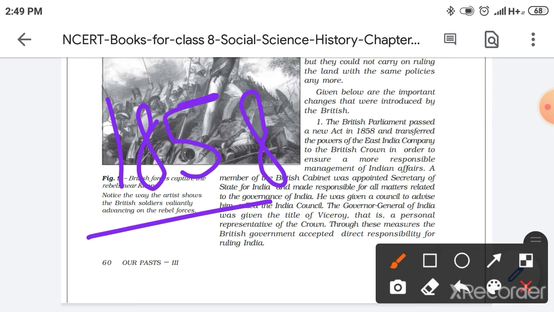Like in India the head of state is the president, in the same way the British crown was the head of state of Britain.